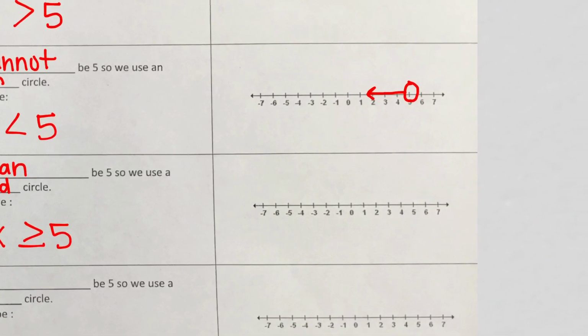So now I'm going to come over to 5, and I'm just going to make a circle, but make sure it's filled in. And then it's greater than or equal to. So which way am I going? It has to be greater than, or it can include it. So if it includes it, I'm going to fill it all up. Okay? If it doesn't include it, then I'm going to leave it empty.